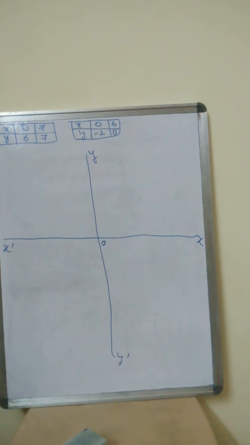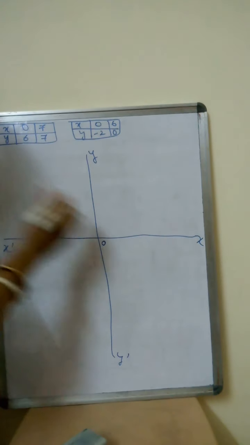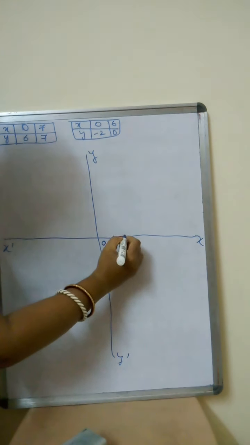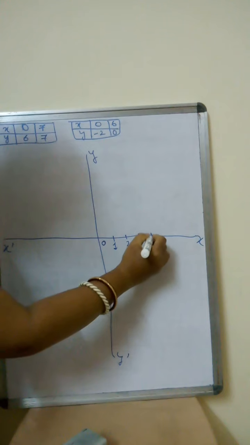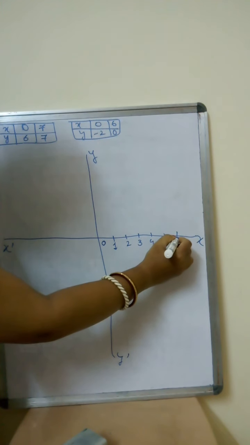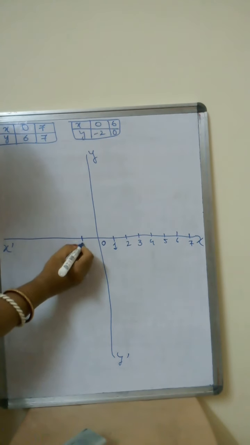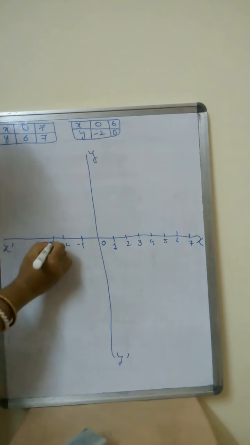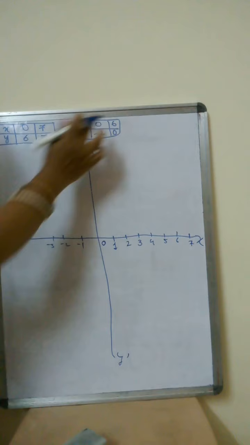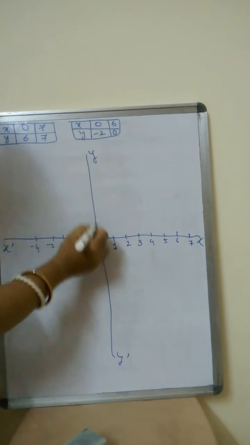Now I have all the numbers as integers only, so I can take the count from 1. My highest number is 7, so I take it from here: 1, 2, 3, 4, 5, 6, 7. I have minus 1, minus 2, minus 3 as well. I don't have any negative on the x-axis, so I will not take much.